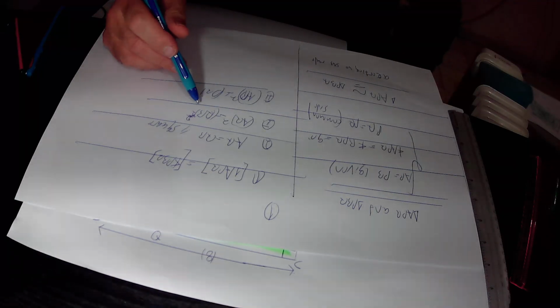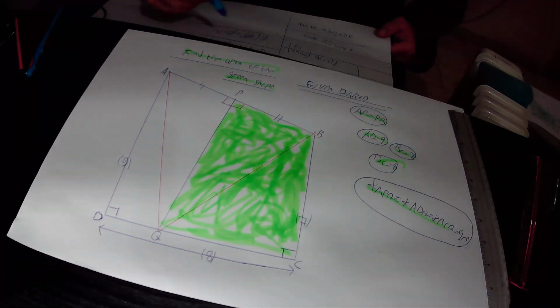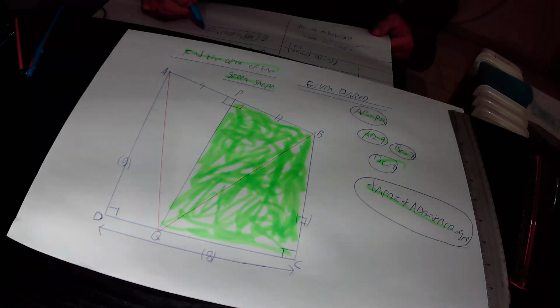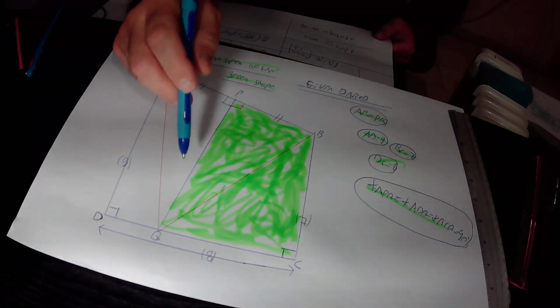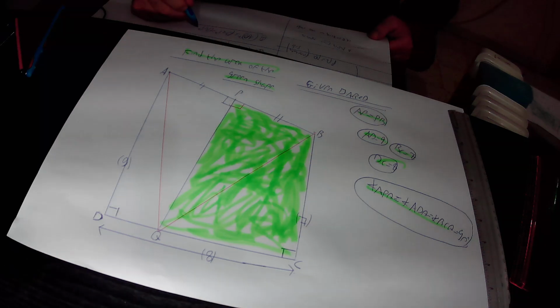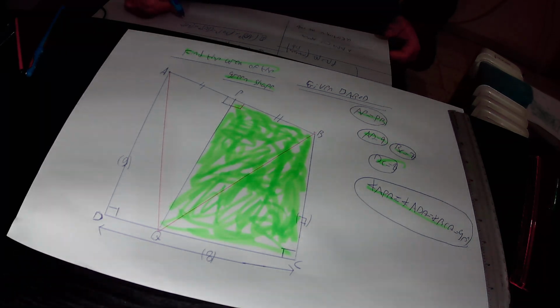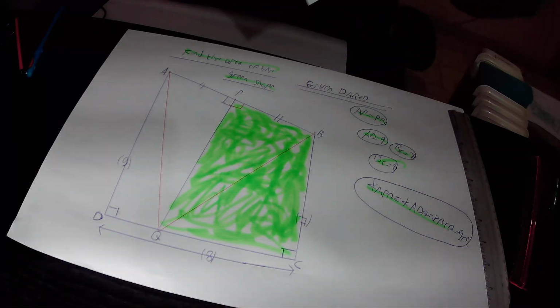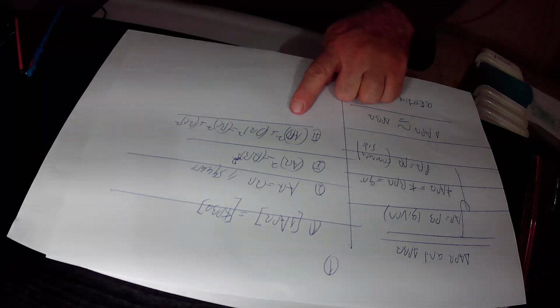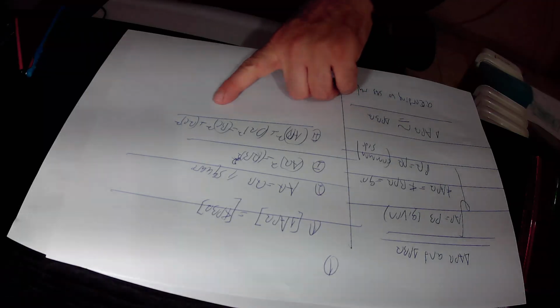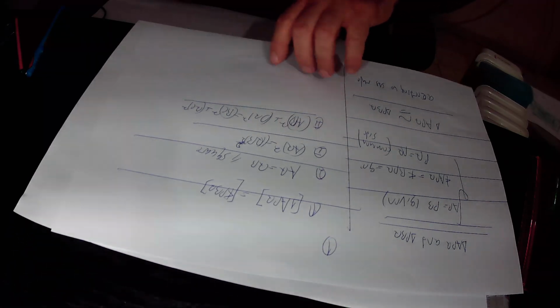So we have QB square equals BC square plus QC square. So in total, we found that AD square plus DQ square equals BC square plus QC square.